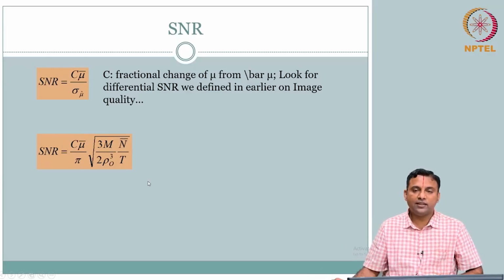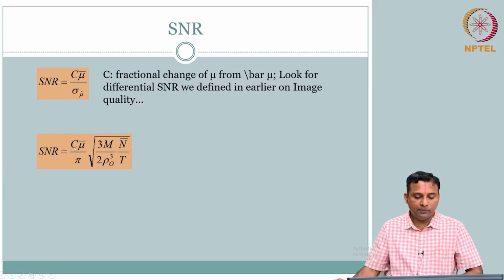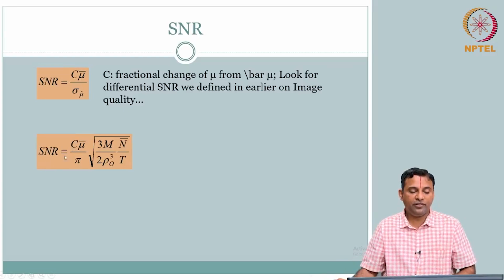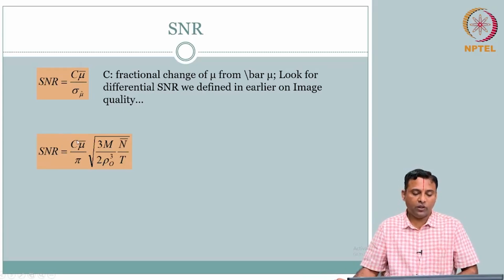Okay, so what does this say? This says I am interested in signal to noise ratio and how I am affected. Fundamentally C is important. If there is not much differential signal there, maybe you are not going to see much, but let us not worry about that.